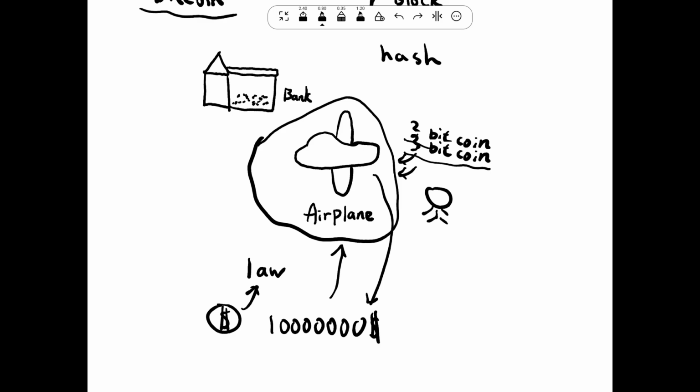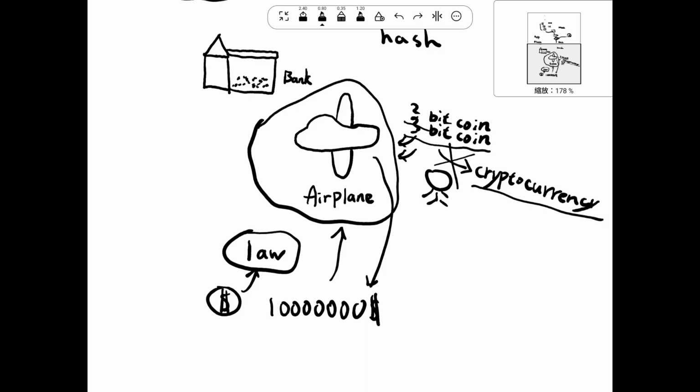But if you use cryptocurrency, he can just not want to sell to you. He can just say no, because cryptocurrency is not defined in the law.